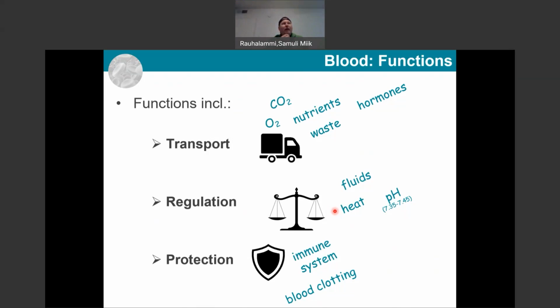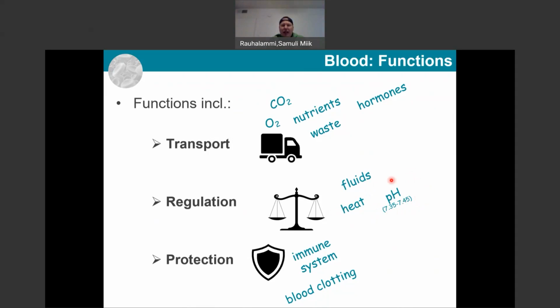If you think about going to freezing temperatures, where we would expect frostbite to parts like the tip of your nose or your ears, that doesn't happen as quickly as we would assume, simply because we're able to transport heat to these body parts with the blood. Also, regulation of body pH.